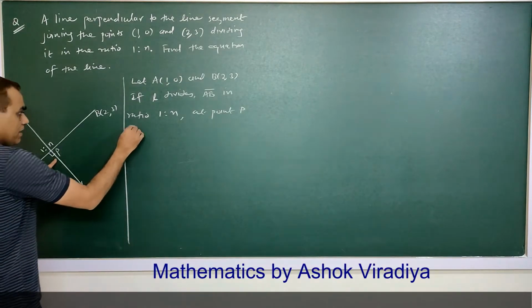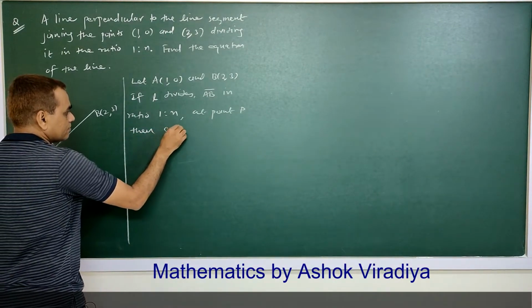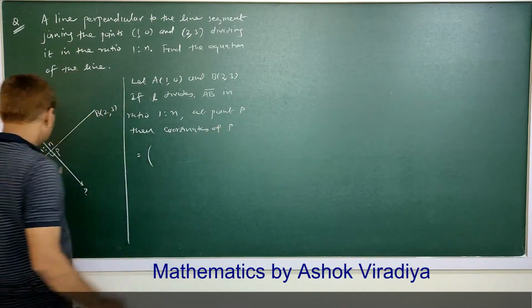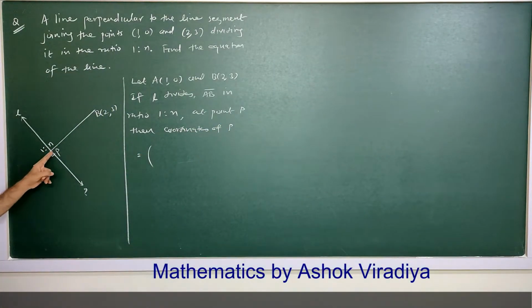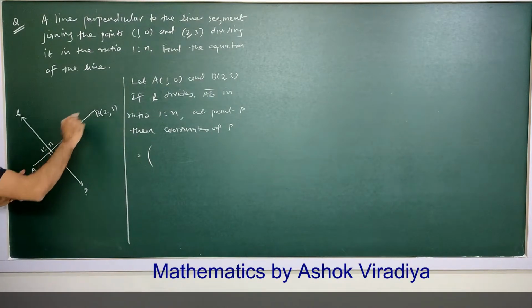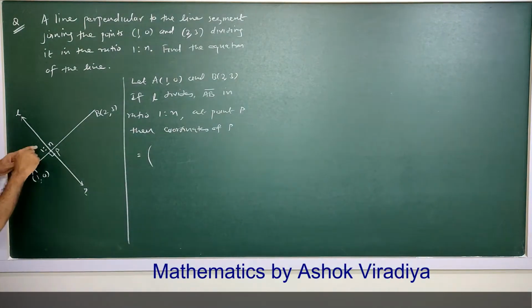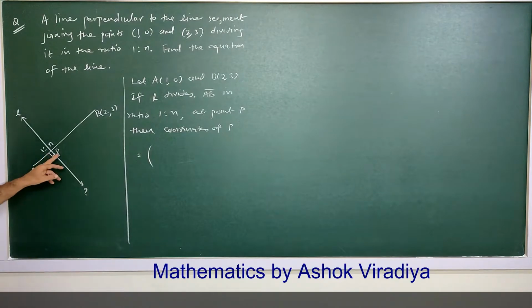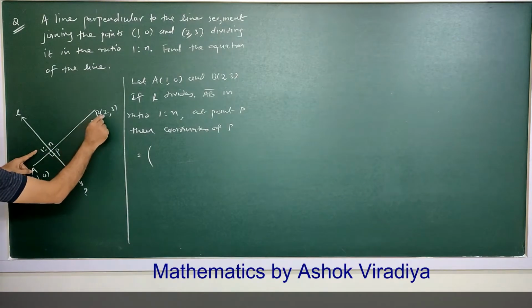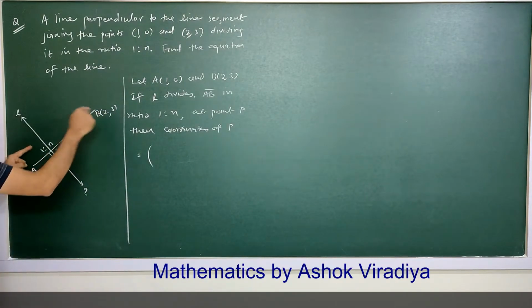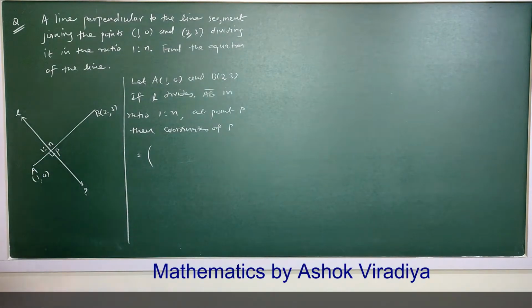then the coordinates of P are, by the section formula, if the line segment has endpoints (x1, y1), (x2, y2) and the ratio is m:n, then the coordinates of the point of division are (mx2 plus nx1) upon (m plus n), (my2 plus ny1) upon (m plus n).